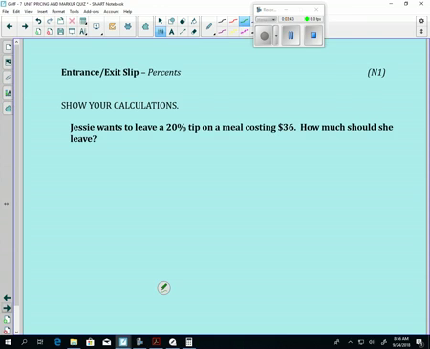Here, when we want to look at markup, generally it's given as a percent. So we have Jessie, she's at a restaurant and she wants to leave a 20% tip on her meal. Her meal costs $36. How much should she leave? Well, the first thing we need to do is change the percent to a decimal. So remember, everything as a percent is over 100. So that becomes 0.20.